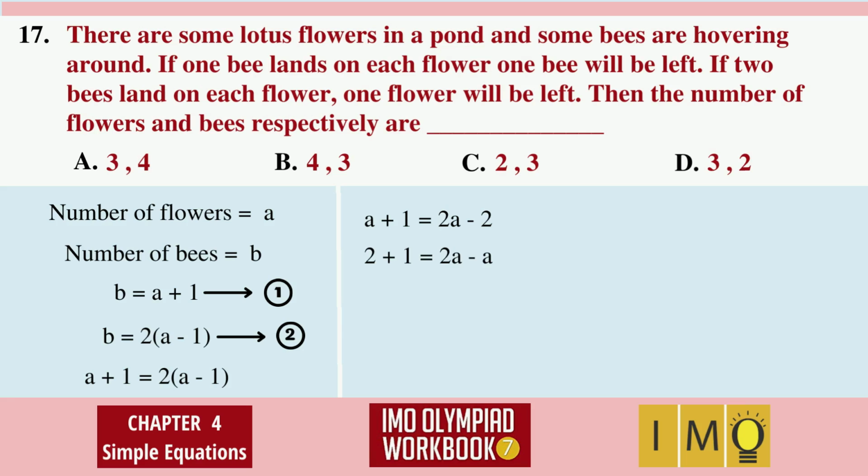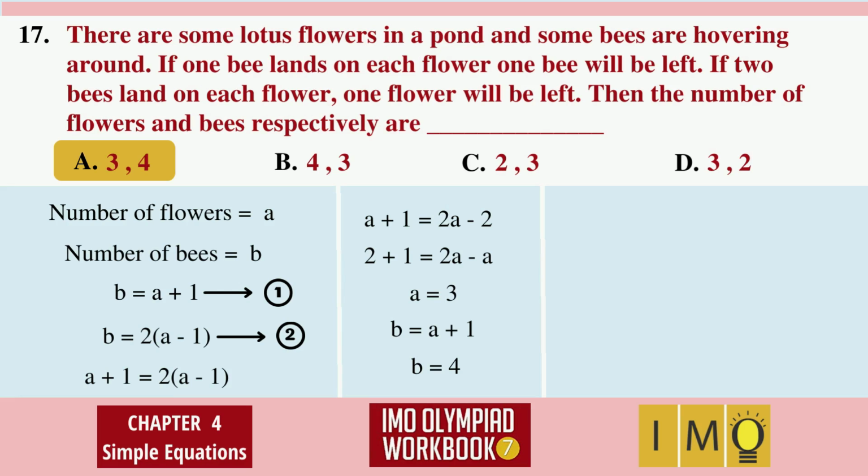Grouping the like terms, we get 2 plus 1 is equal to 2A minus A, or A is equal to 3. Using this value of A in B is equal to A plus 1, we get B is equal to 3 plus 1, which is B is equal to 4. So our right option is option A.